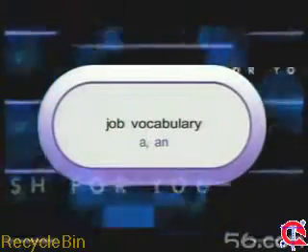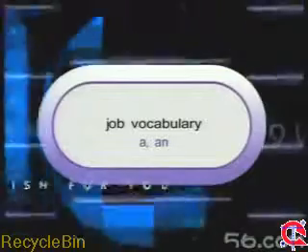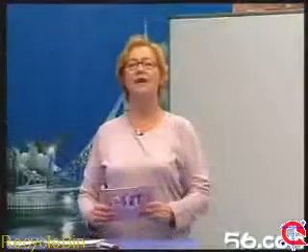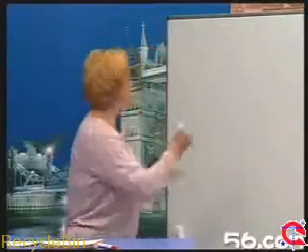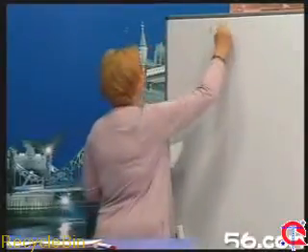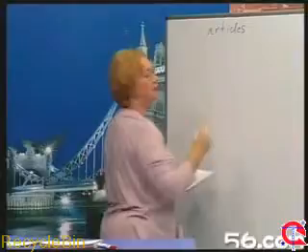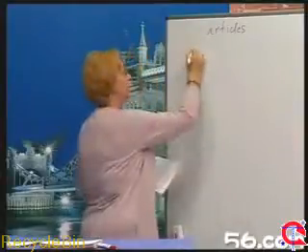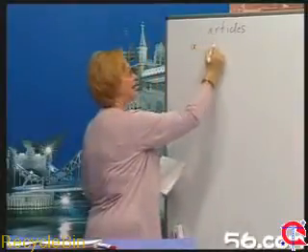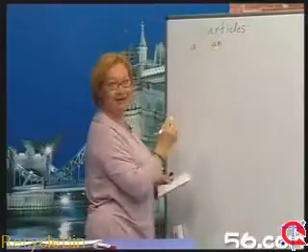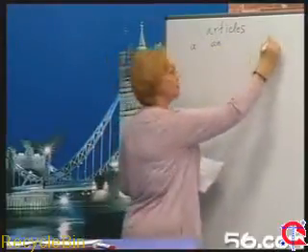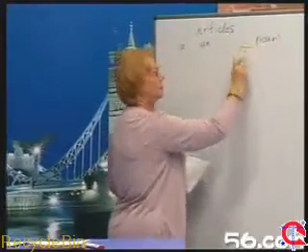Job vocabulary. All right. Now we're going to talk about articles. Articles is the name of small words. Today we're going to talk about a and an. They go before a noun, right here.